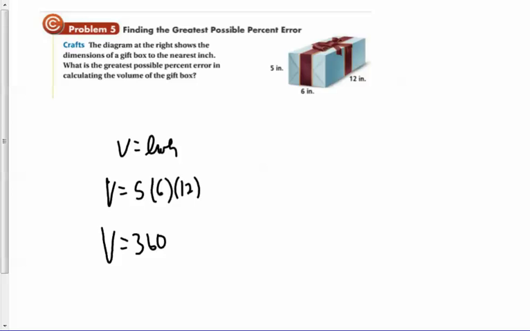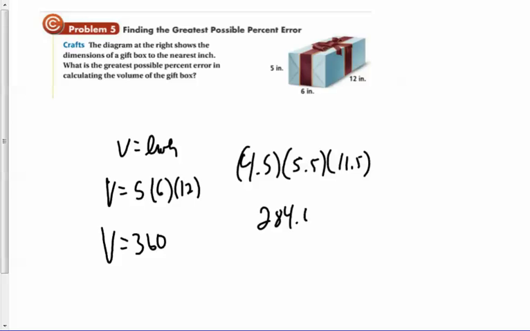What is the greatest possible error in calculating the volume of the gift box? When you look at the percent error, you want to be within 0.5 inches. So the minimum would be 4.5 times 5.5 times 11.5. If I multiply those three together, I get 284.625.